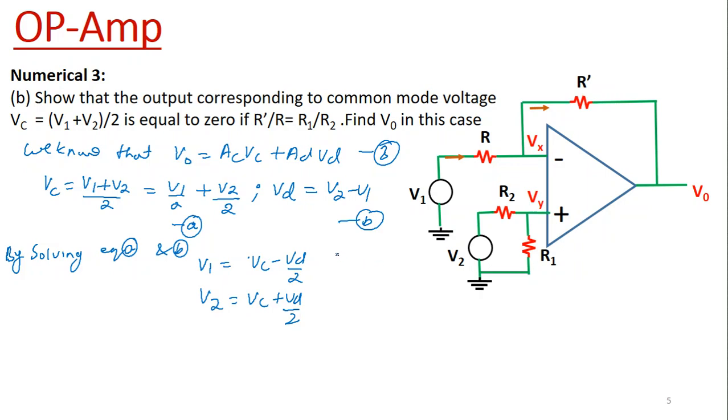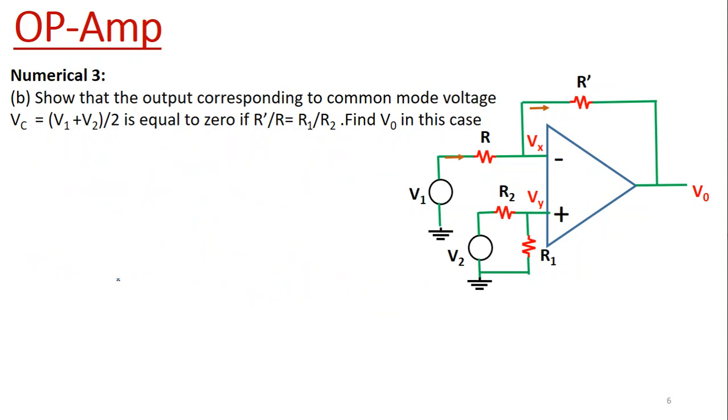So this value of V1 and V2 we have to put in equation number 2, which we solved in the A part. So what was equation number 2? V0 is equal to minus R dash by R into V1 plus R dash plus R divided by R into V2 R1 divided by R1 plus R2.